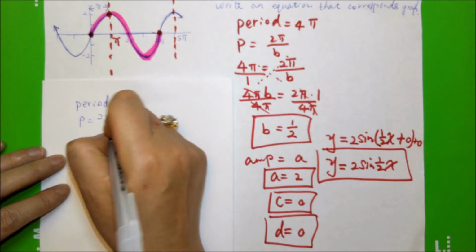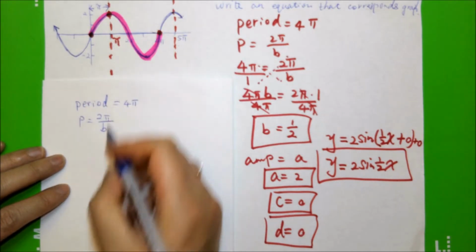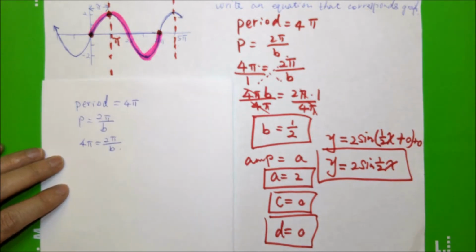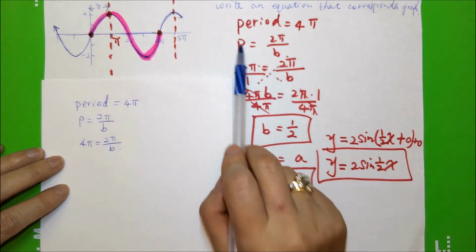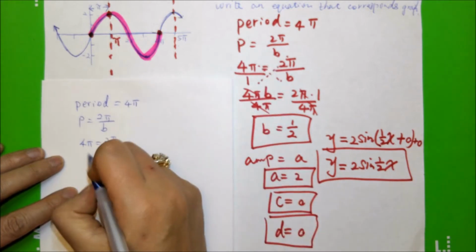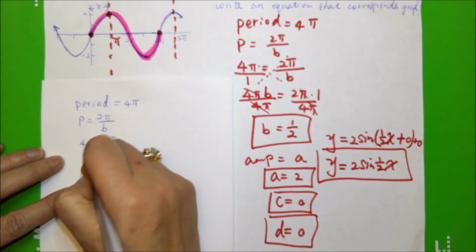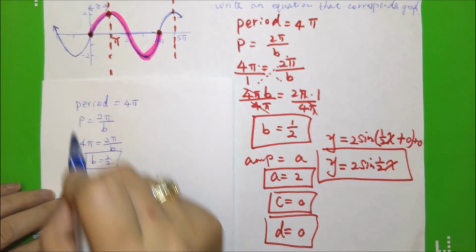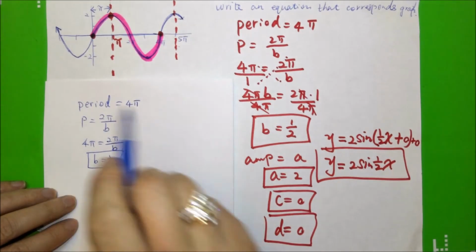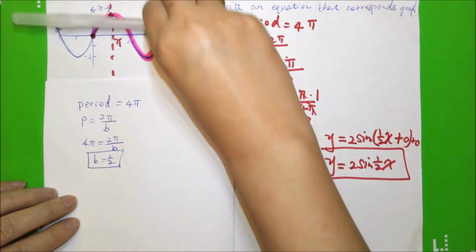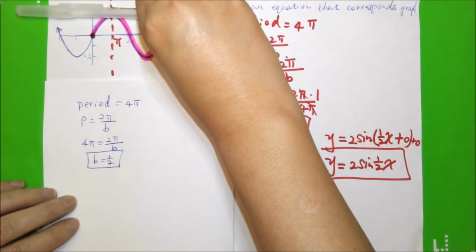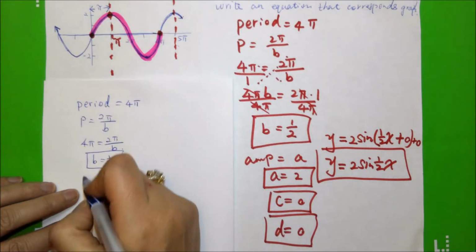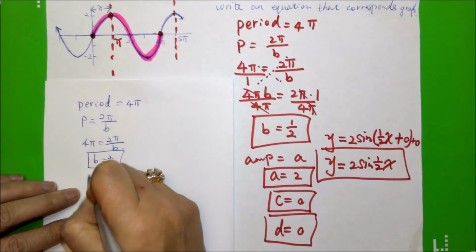Period equals 2 pi over b, and 4 pi equals 2 pi over b. Like how we solved before, b equals 1 over 2 will stay the same. Next will be amplitude. Amplitude represents from the middle line to the highest point. Again, your graph hasn't been changed. Therefore, the amplitude also will stay the same.